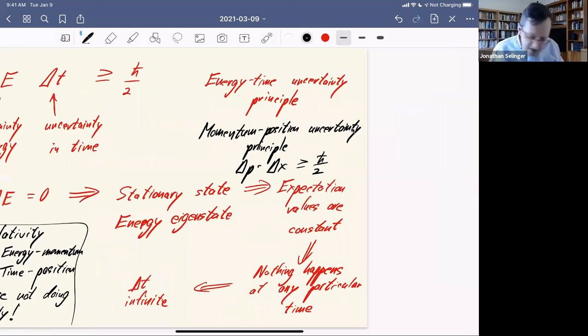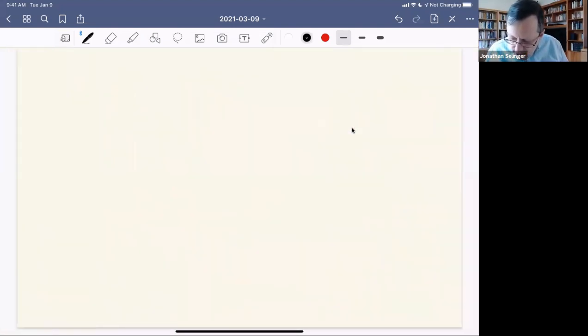One more thing I could say about this is that this relationship between energy and time comes up a lot in nuclear physics.